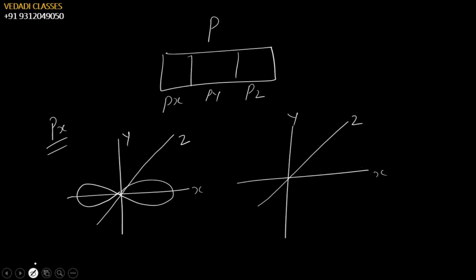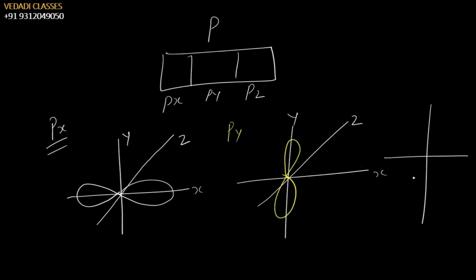If one dumbbell forms on the y-axis, it is known as py, and if the dumbbell is formed at the z-axis, this is known as pz.